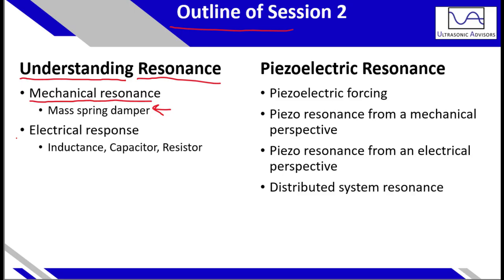The next is the electrical response. Just like the mechanical system has oscillation and resonance, we also have the electrical response with the inductor, capacitor, and resistor forming a similar construct, actually mathematically very much equivalent to the mechanical response.